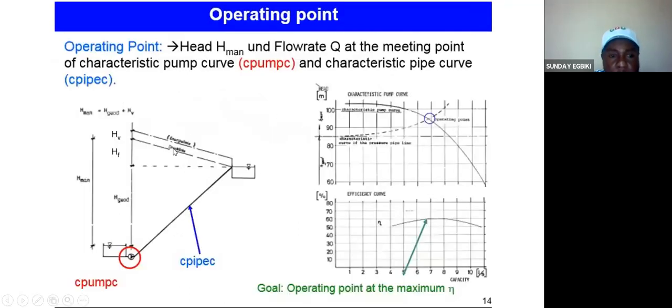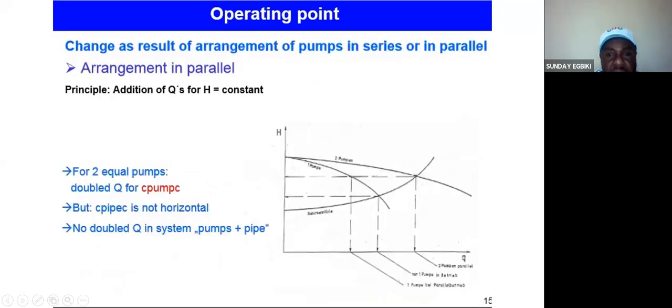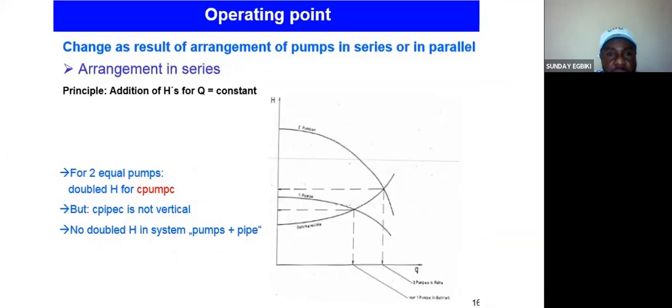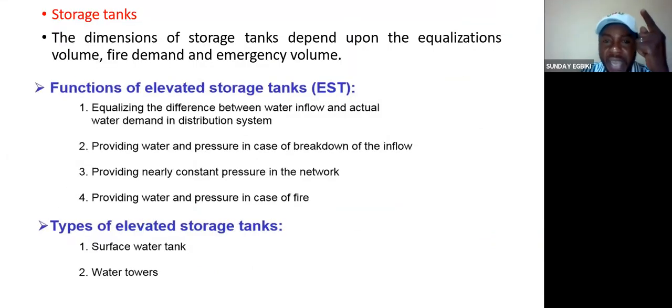So now, having done that, the last point I'm going to discuss is your tank. How do you determine the volume of water in your tank? Ideally, most consultants over-design their overhead tank.